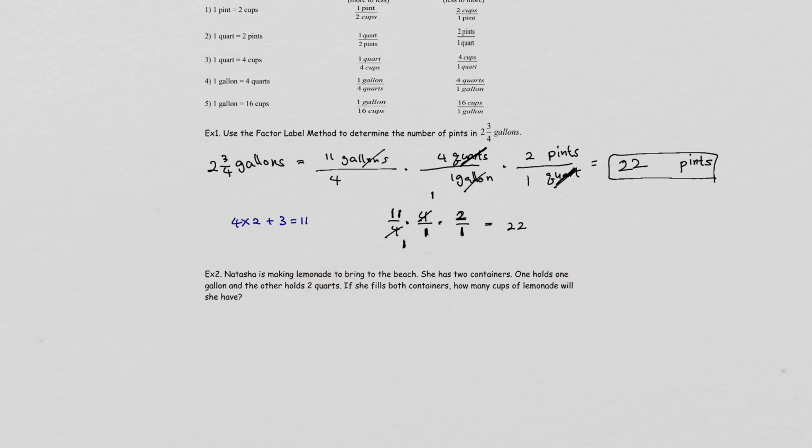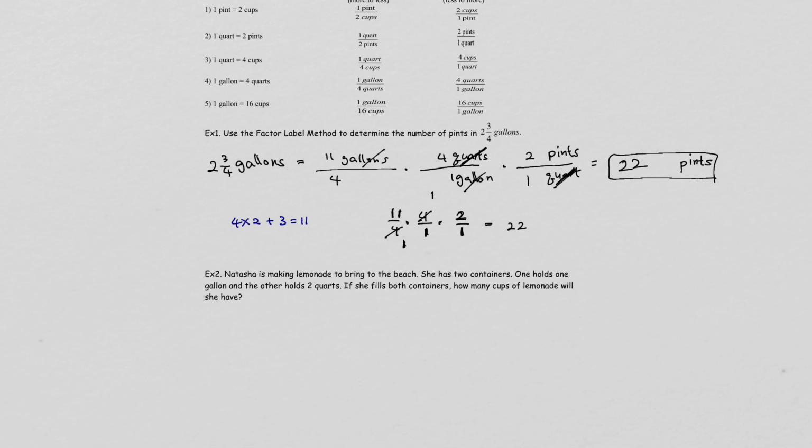So we change 1 gallon and 2 quarts into a total of how many cups? Whatever 1 gallon converts into cups, plus 2 quarts converted into cups, will be what you're looking for. You're going to add those two up.